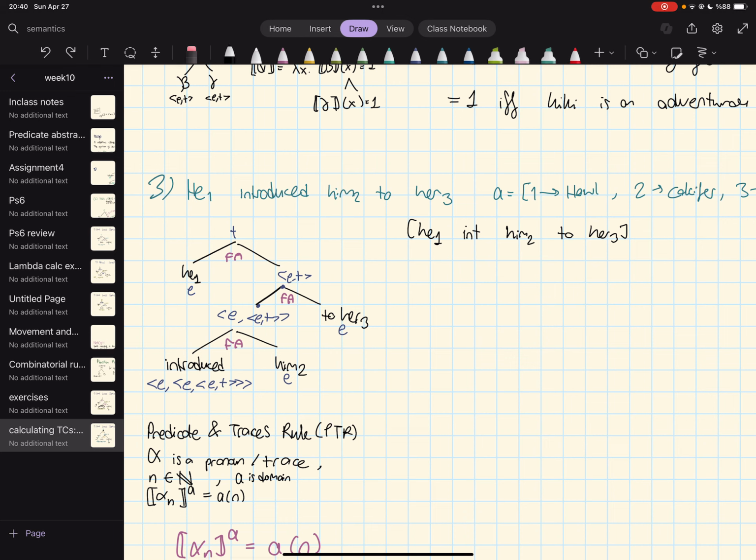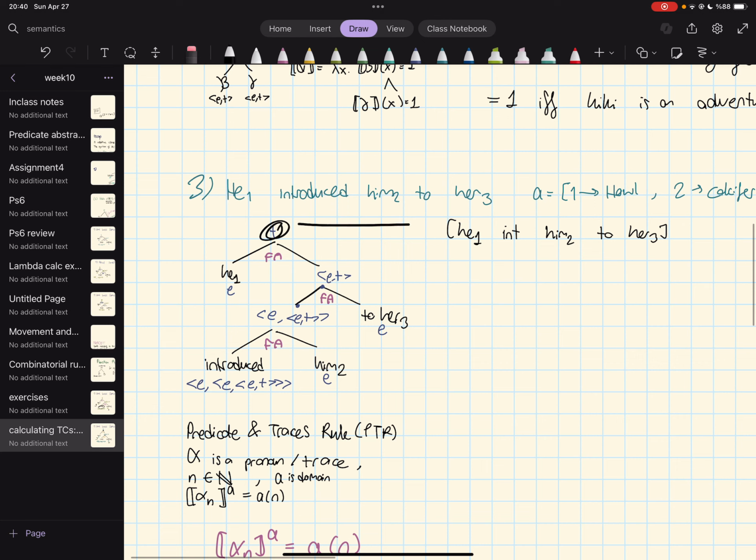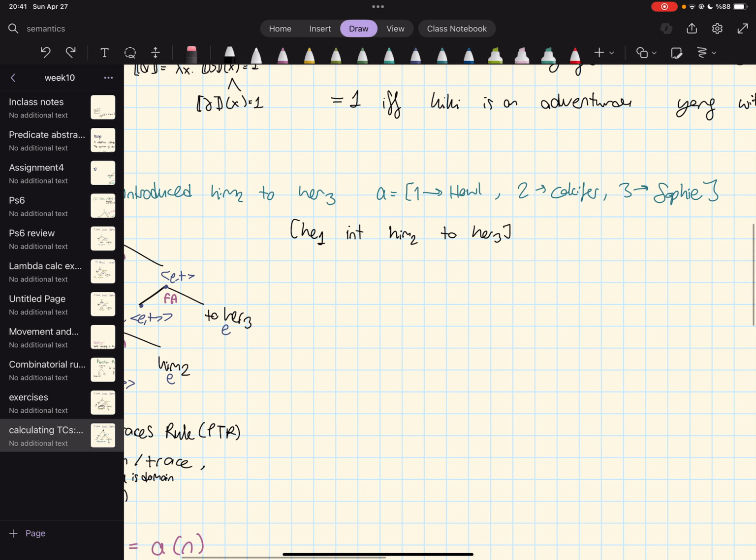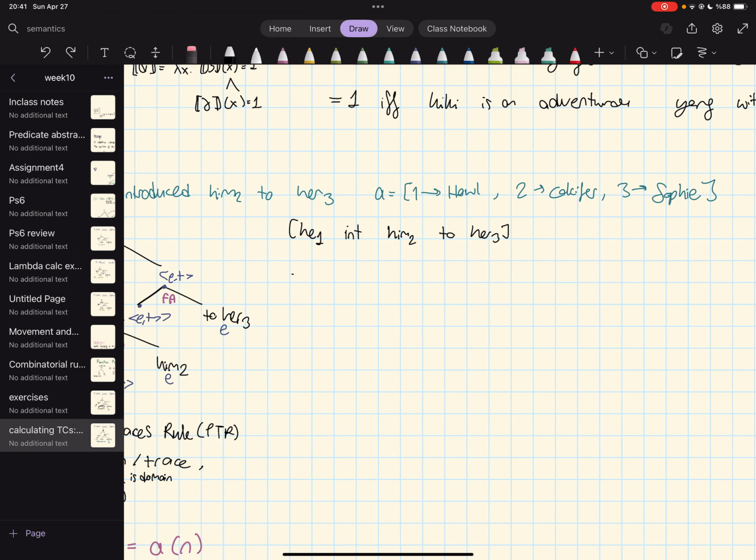We're starting off from here. This is a T, sorry about the confusion. Since this denotation refers to the T, what I need to do is to factor out he. Factoring out he, I get introduced him to her.